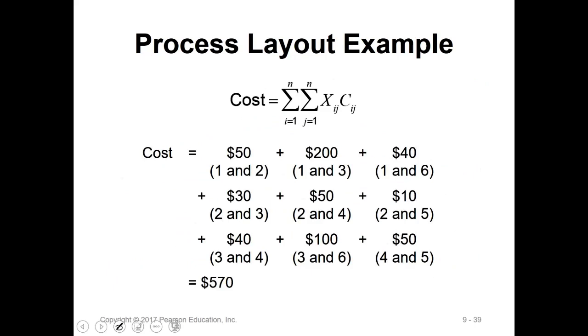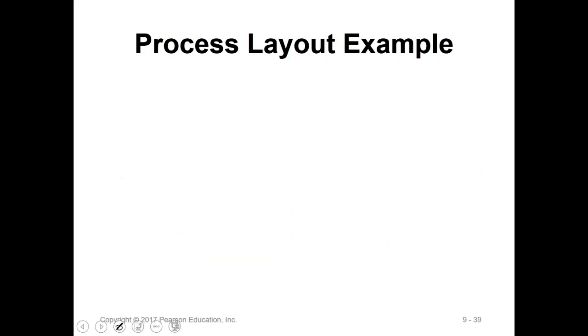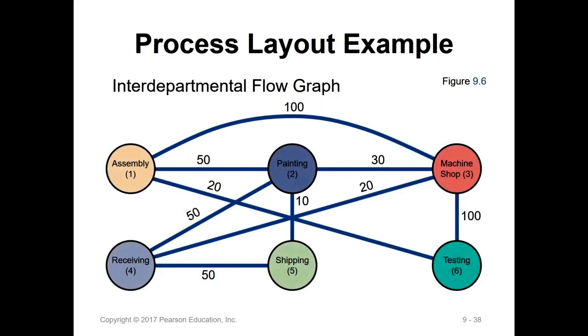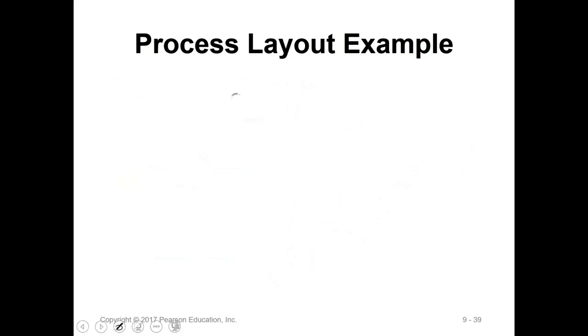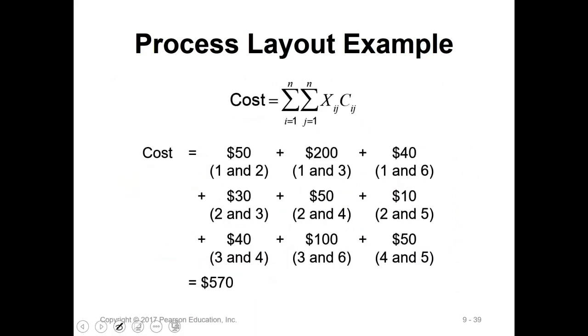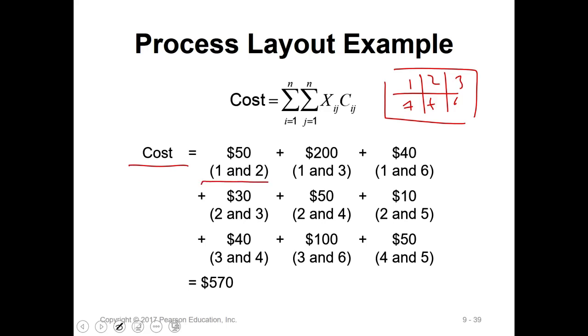So for the trial and error method, I put the calculation according to 1, 2, 3, 4, 5, 6. So this is the cost model. Between 1 and 2 is 50, which is the total cost.